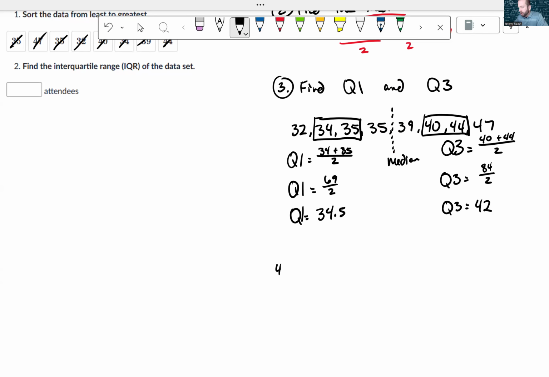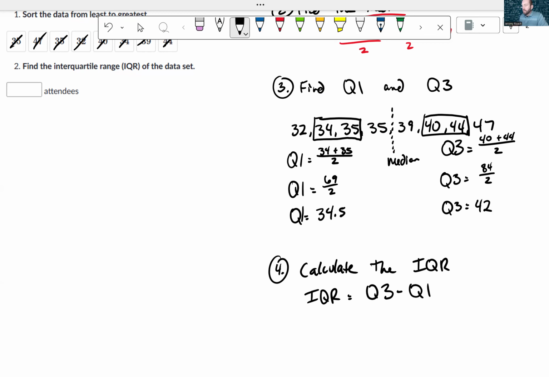The last step, we're going to calculate the IQR. And to calculate the IQR, that's just quartile 3 minus quartile 1. Which is equal to 42 minus 34.5.